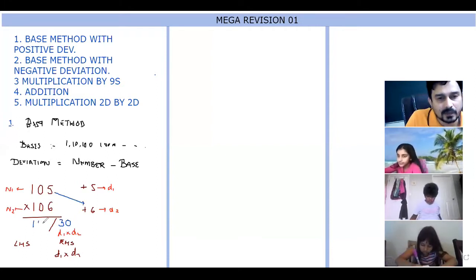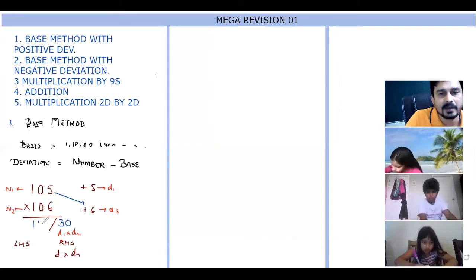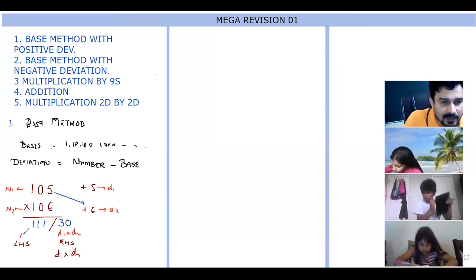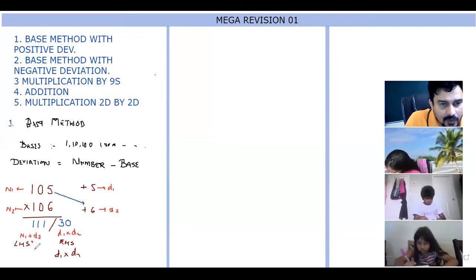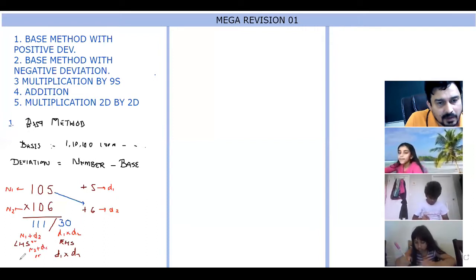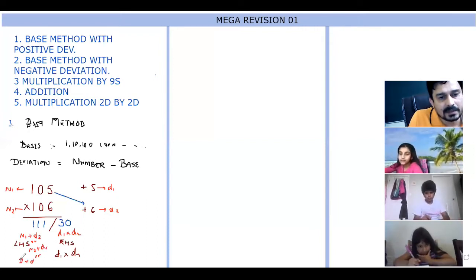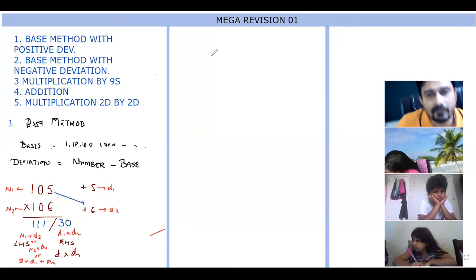We add number 1 and deviation 2, or number 2 and deviation 1, or base plus deviation 1 plus deviation 2.